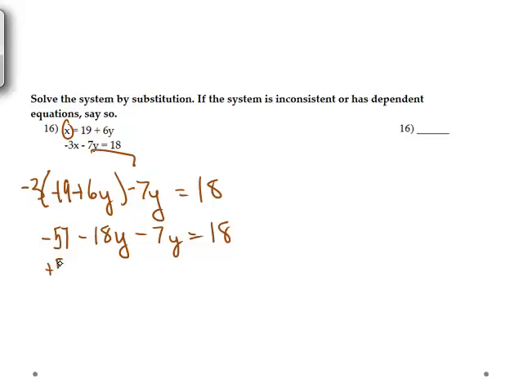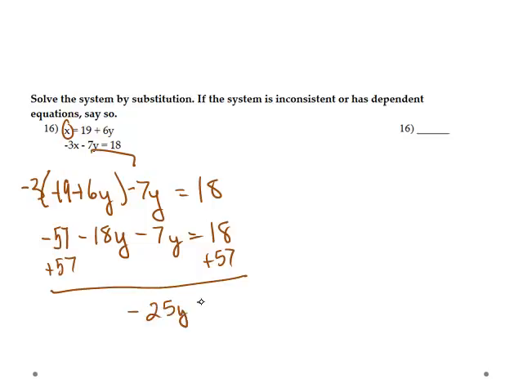Add 57 to both sides, and we have negative 25y equals 75. Divide both sides by negative 25. We have y equals negative 3.